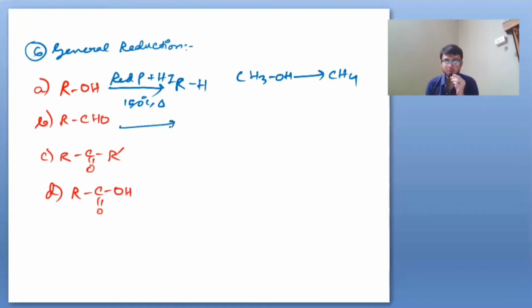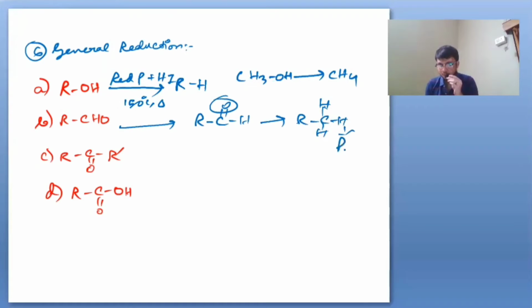Now RCHO, it will be like this. We just remove this double bond O, like the previously mentioned Wolff-Kishner reduction, and add 2 hydrogens here. It's easy, right? It will be RCH3.